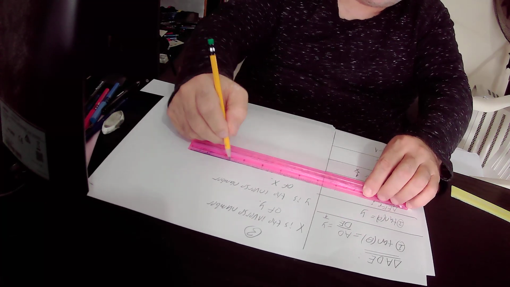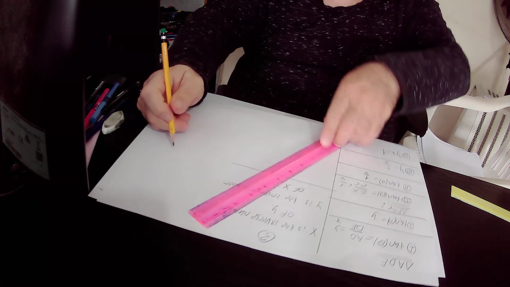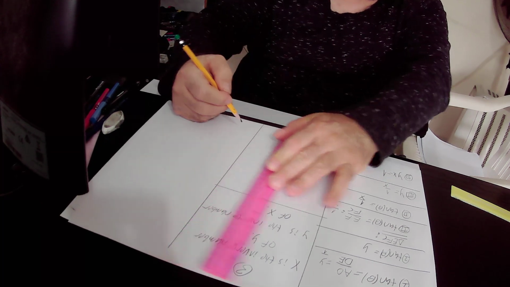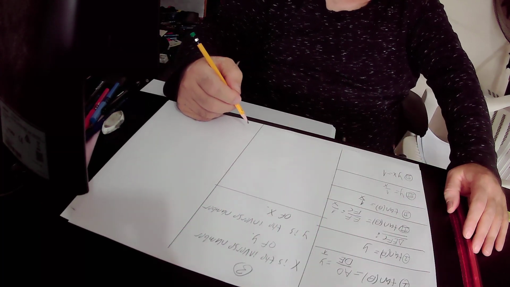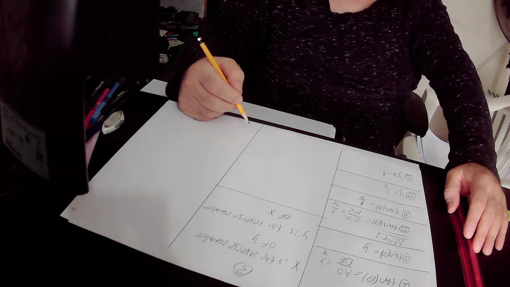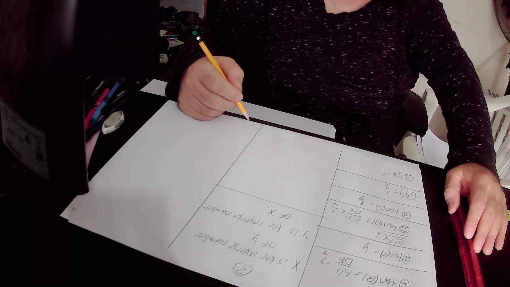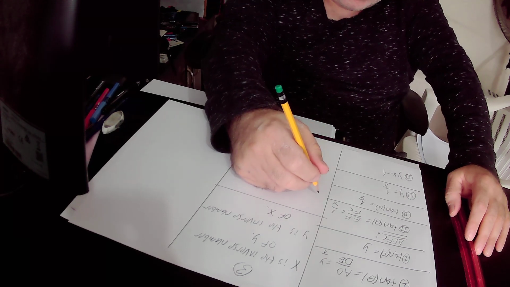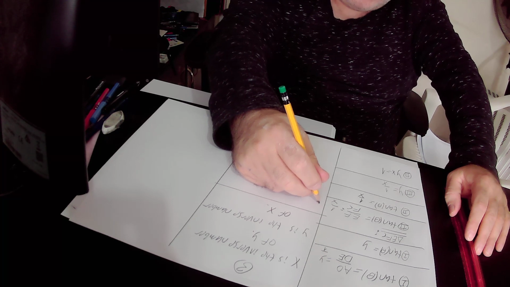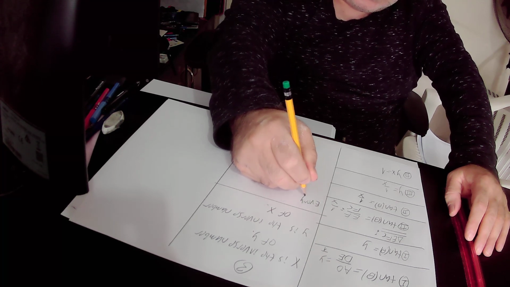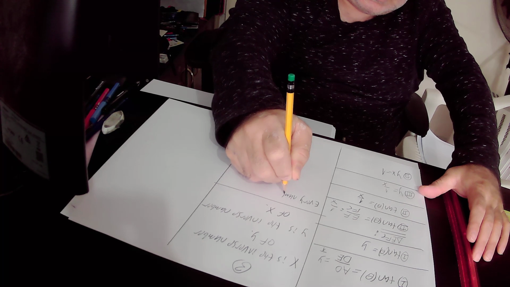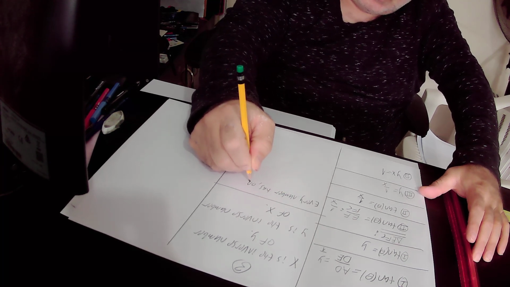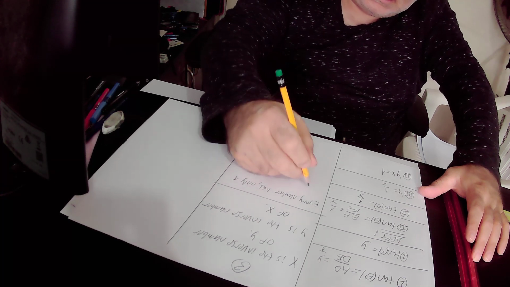It is very important to remember that every number has only one inverse number. So I will write it down: every number has only one inverse number.